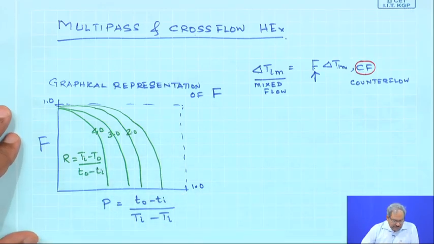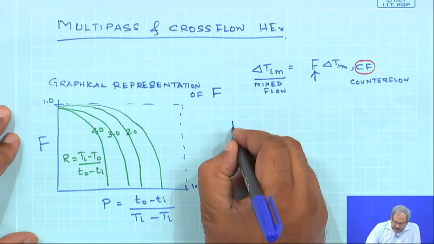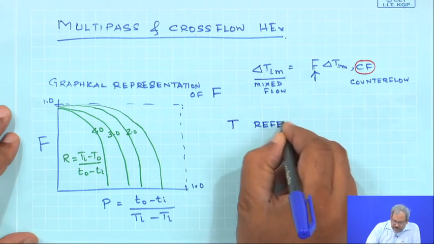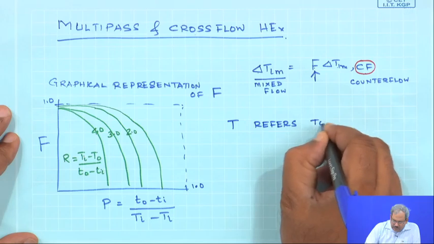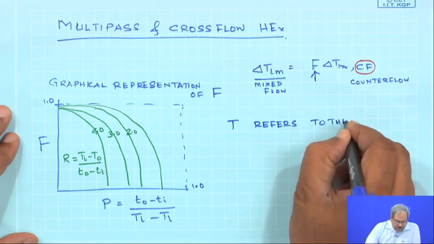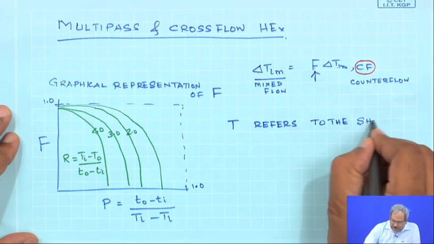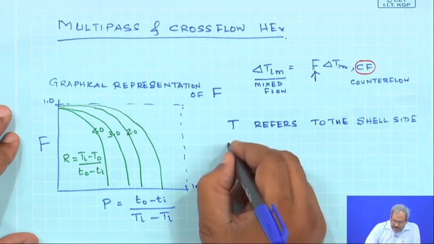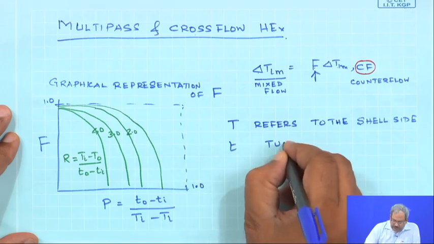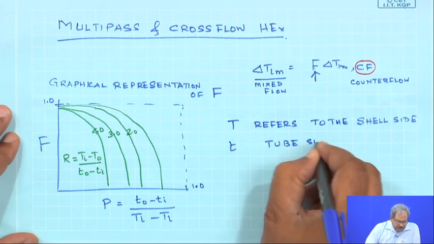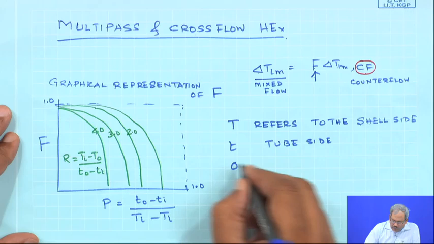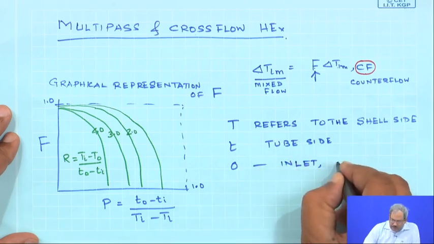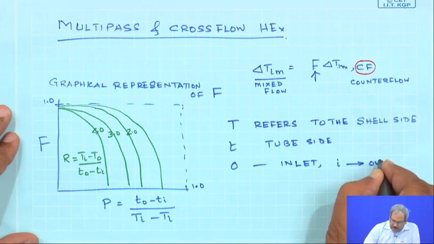This temperature T refers to the shell side temperature, and t refers to the tube side temperature, O for the inlet, I for the outlet.